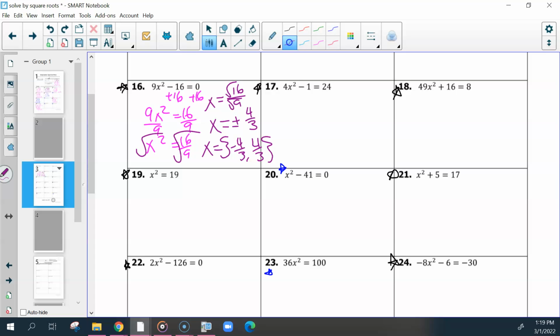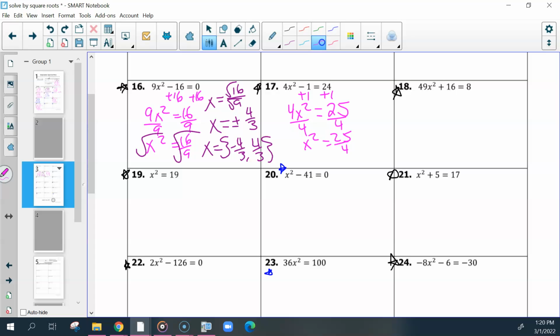Let's do 17. Same process. Add 1 to both sides. Divide both sides by 4. This can't be simplified like this.